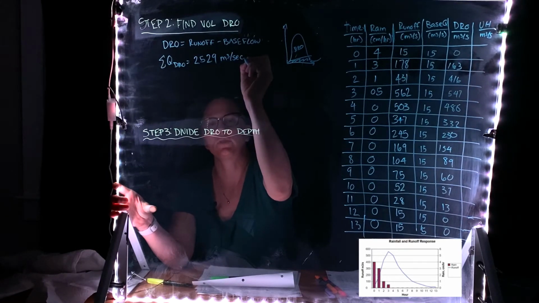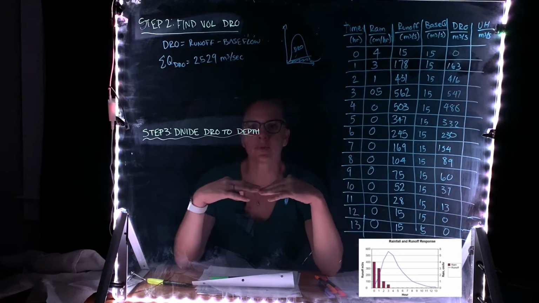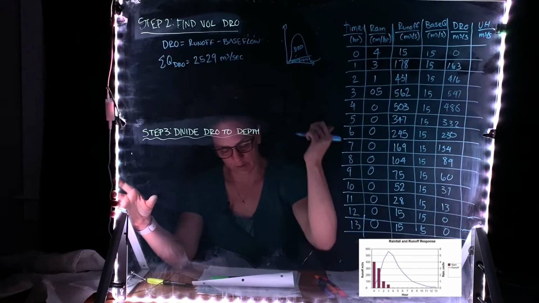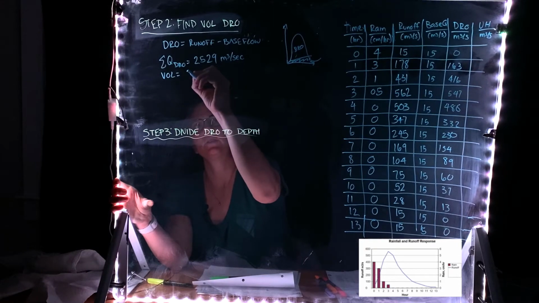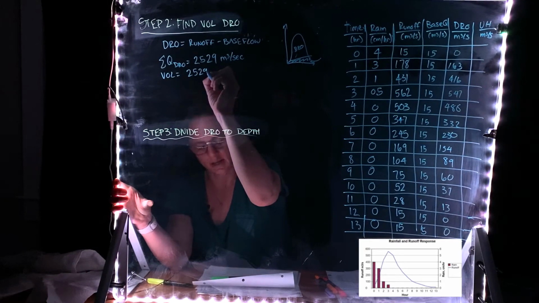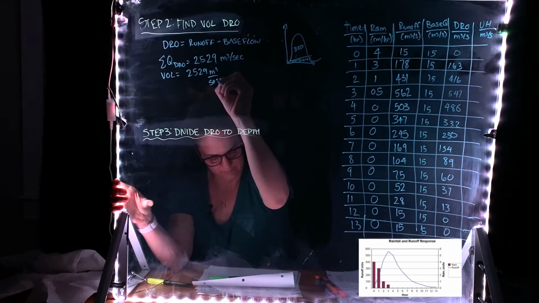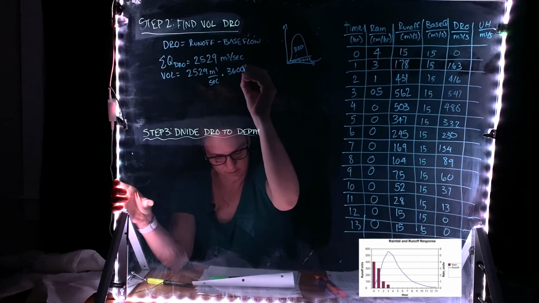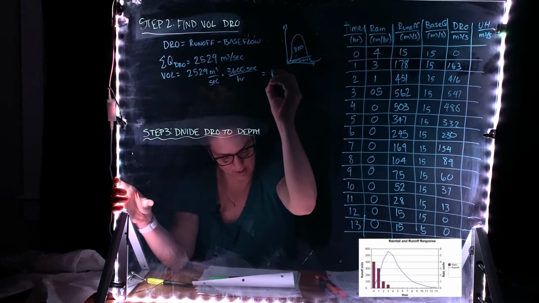So that's the total flow that goes through the outlet of the watershed. We're looking for a volume. We did this back in the very beginning of the quarter when we looked at conservation of mass. So my volume is going to be that 2,529 cubic meters per second, and I'm going to convert this to hours. That's the time that we have.